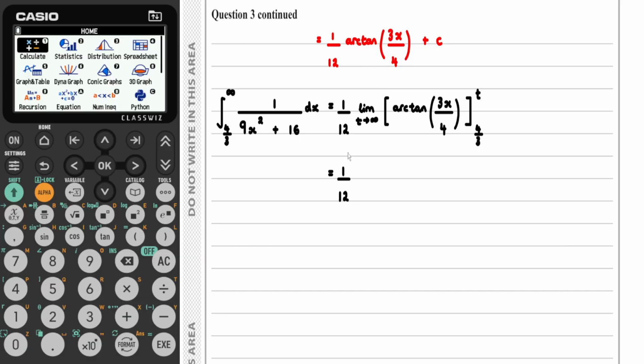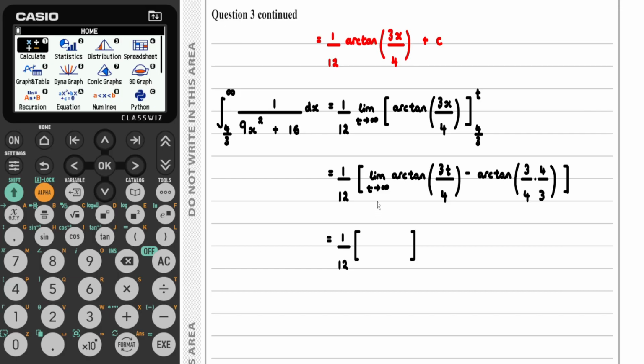So we've got 1 over 12 multiplied by, if I substitute in for my upper limit, the limit as t tends towards infinity of the inverse tan of 3t over 4, subtract, and if I substitute in 4 over 3 for my lower limit, the inverse tan of 3 over 4 times 4 over 3. So I've got this 1 over 12.